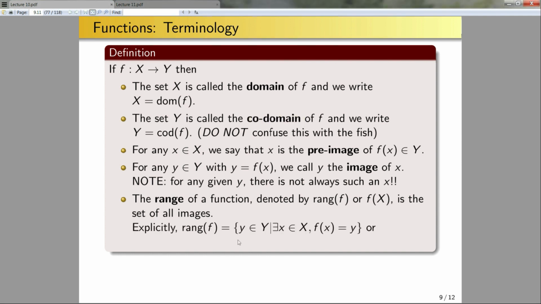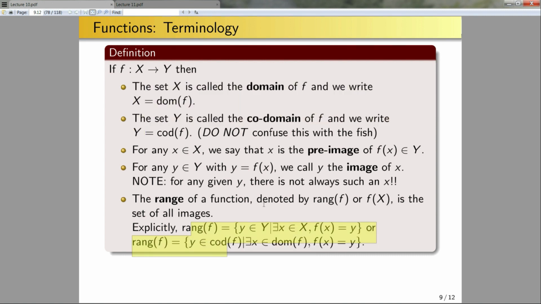So writing this out, the range is the set of all y in Y such that there exists an x in X such that f of x is equal to y. Or in other words, the range is the set of all y in the codomain of f such that there exists an x in the domain of f such that f of x is equal to y. So the second version is just using our nomenclature in these first 2 bullet points.